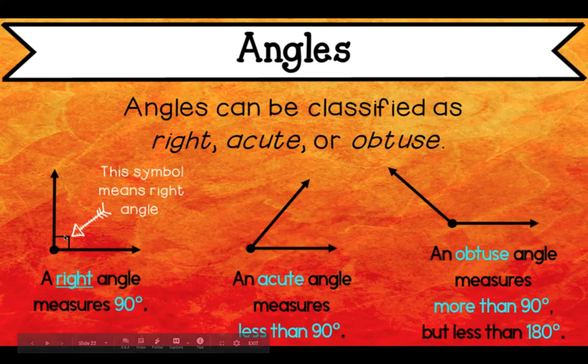And any right angle should usually have one of these box markers that tells you, hey, this is a right angle. All right angles will always measure 90 degrees, okay? So a right angle, even if it's on the other side, if it has that box symbol, it would be a 90-degree angle, okay? So that's called a right angle.